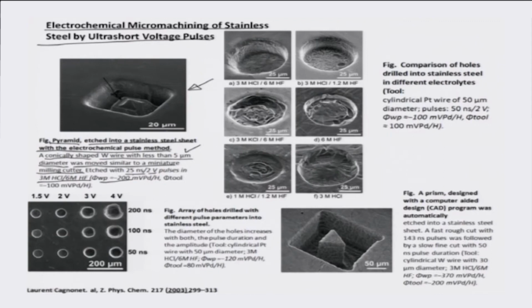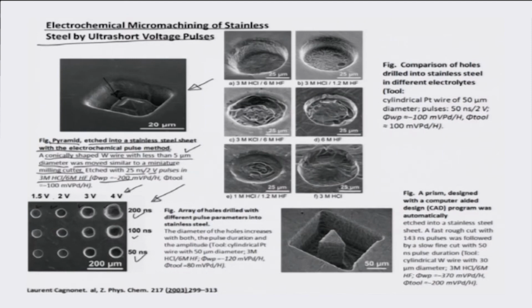This again is another illustration of the process capability related to ECMM. You can see for pulse durations varying from 50 nanoseconds to 200 nanoseconds, there are different hole diameters in the range of close to about 30 to 50 microns, which are obtained at different pulse magnitudes. So, this is an array: 4 volts 200 nanoseconds, 3 volts 200 nanoseconds. These are the different hole diameters being made with the different voltage and nanosecond combinations.